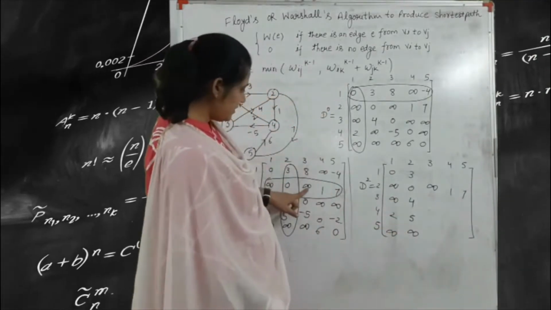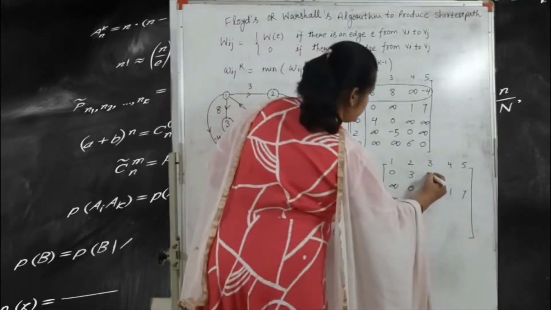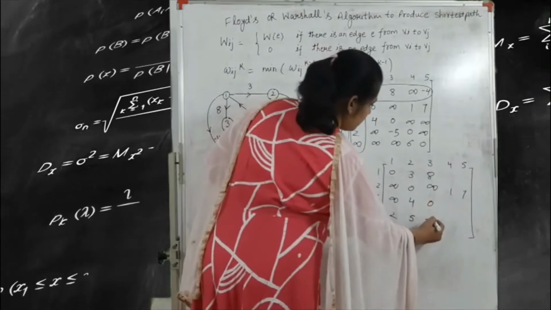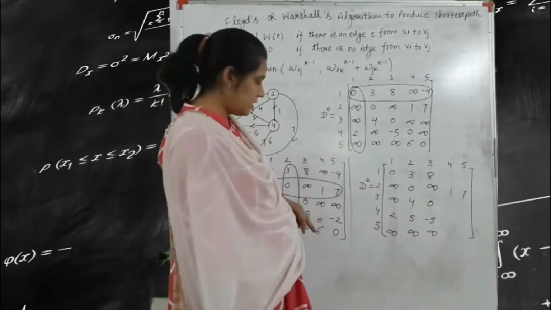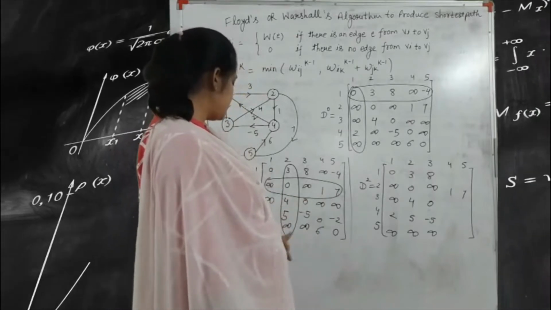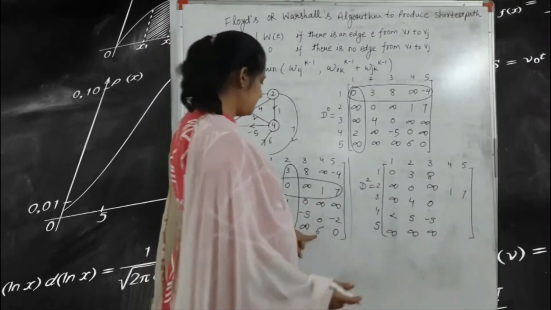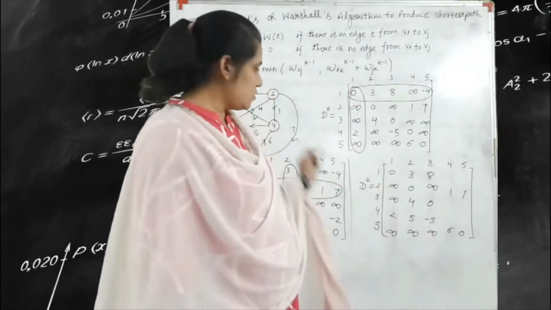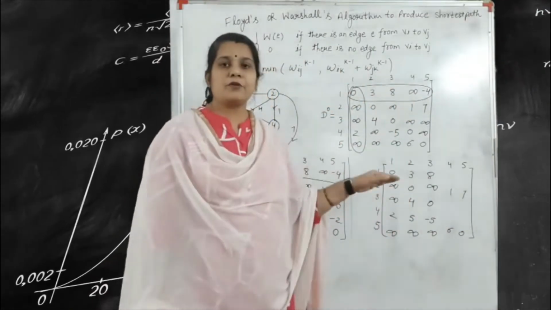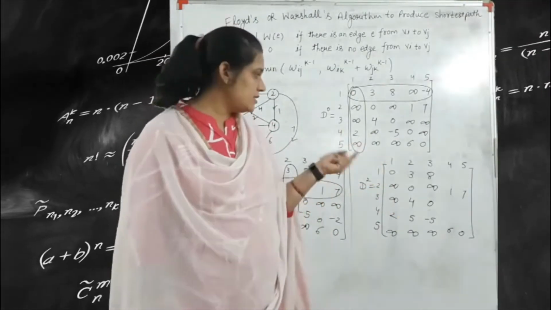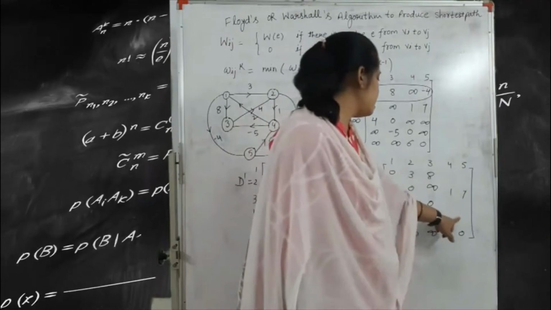Next is again infinite, so on the upper side we write 8, 0, minus 5 and infinite. Then these two infinite signs, and the last one is infinite, infinite, infinite, 6 and 0. So these values we copy as it is, with the help of the Gaussian algorithm process. After that, you write the values.